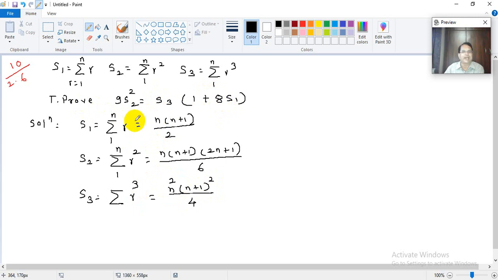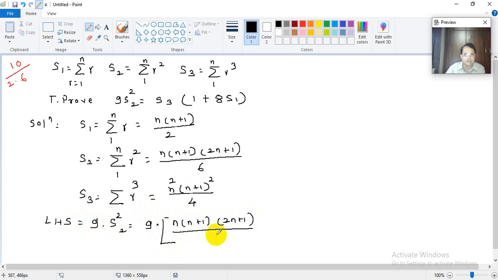Now we just have to calculate all these things. First we work on 9 into S2 squared, the LHS. LHS is 9 into the square of S2, that is, n into n plus 1 into 2n plus 1 upon 6, square of this.